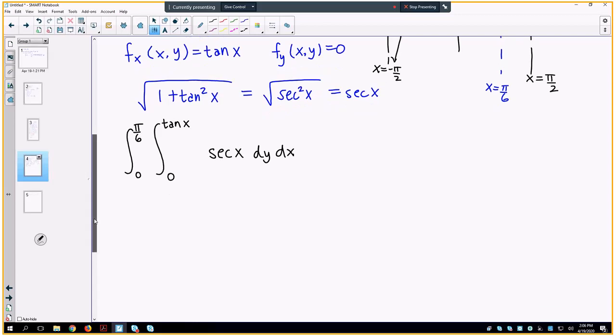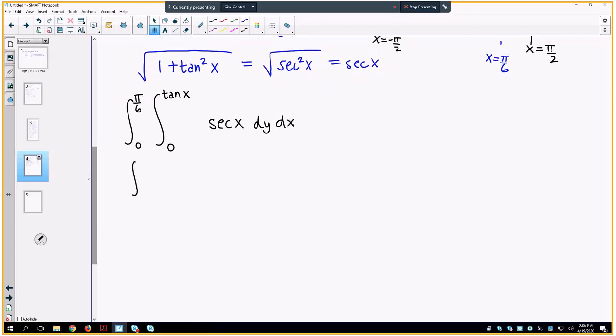So integrating first with respect to y, I get to say this is 0 to pi over 6 and treat secant of x like a constant. So this is secant of x times y, which I'll evaluate between 0 and tangent of x.